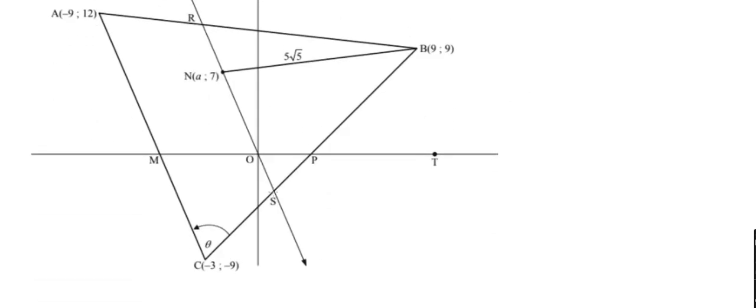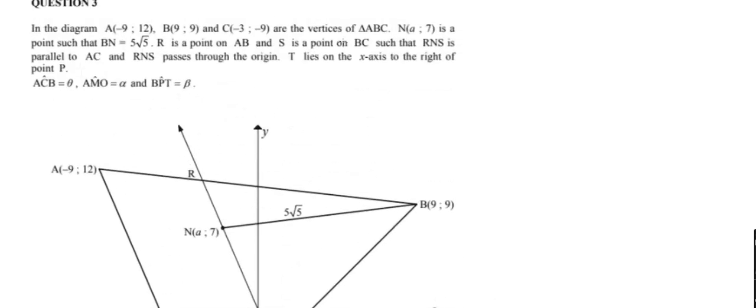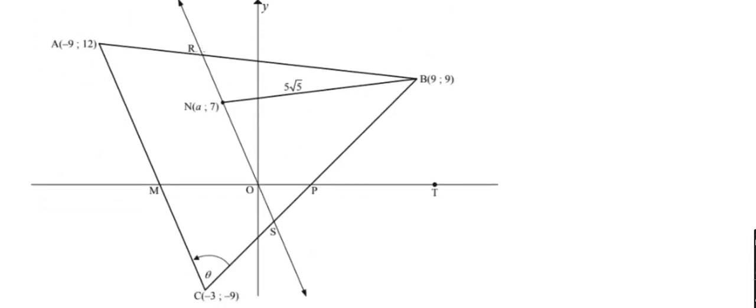Let's see, here's S, and here's R. They are points on AB and BC respectively, R and S, such that RNS is parallel to AC. Any two parallel lines have equal gradients. In other words, the gradient of AC is equal to the gradient of RNS.